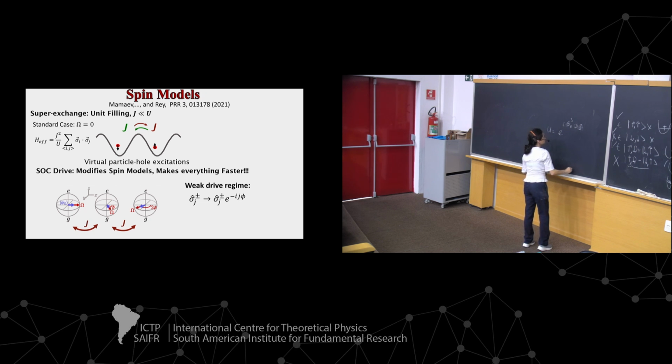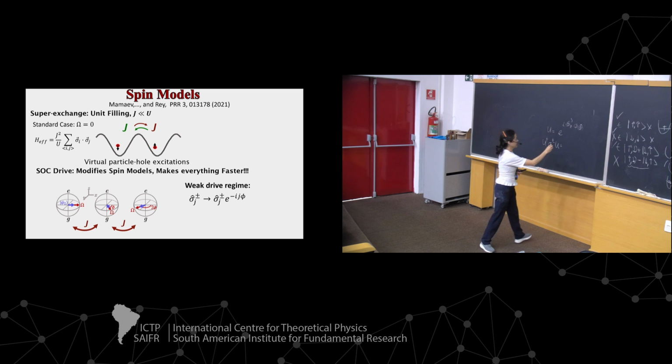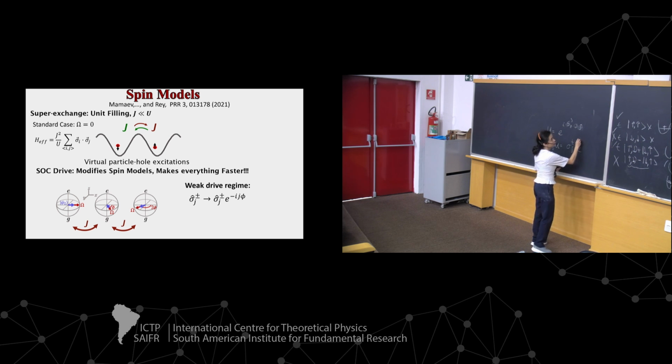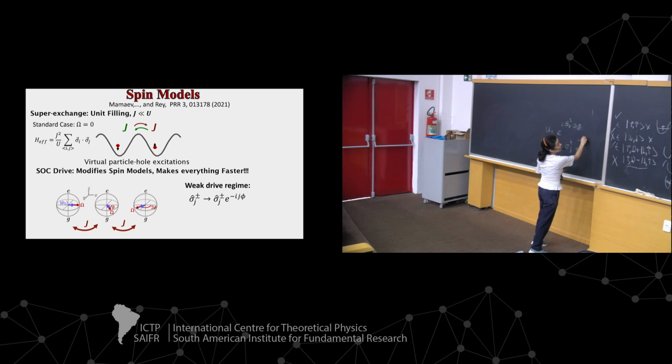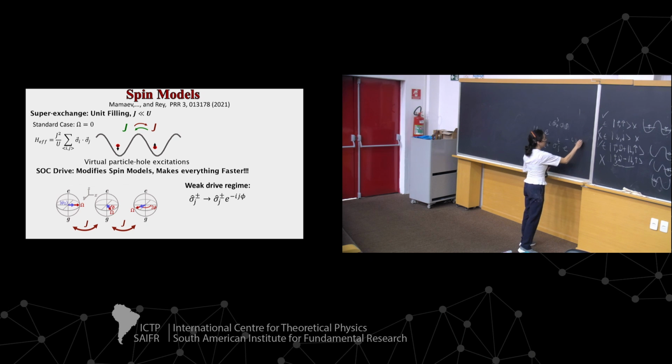So under this unitary transformation, what happens if you do this with sigma plus and sigma minus is that it gives you a state that is e to the plus i J phi, and then you have the state that is e to the minus i J phi. This transformation undoes the spiral.